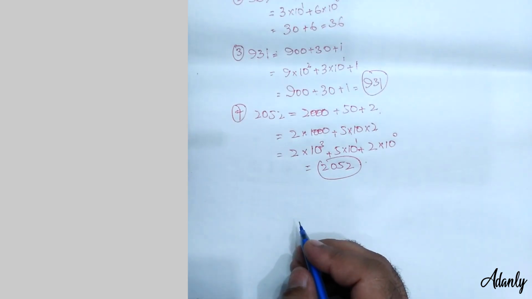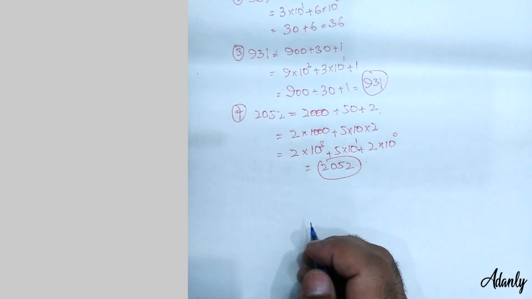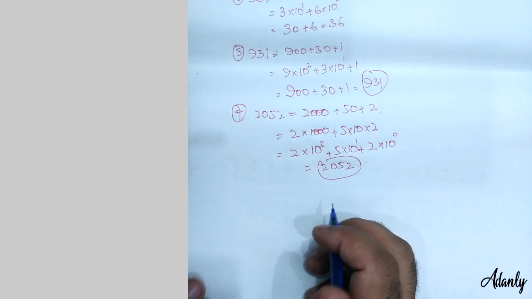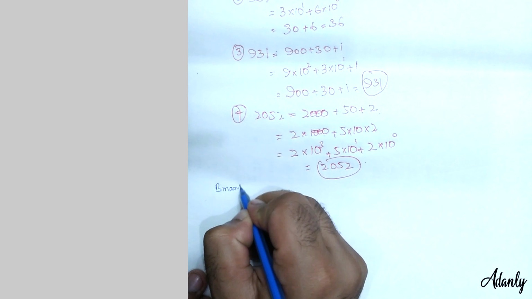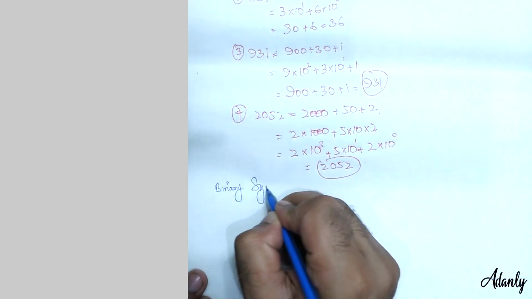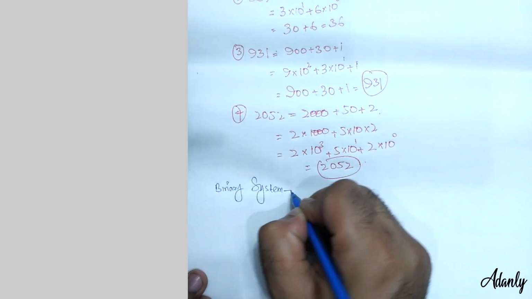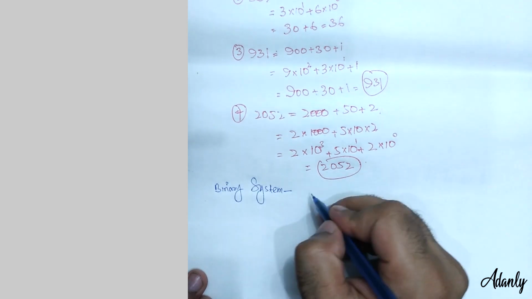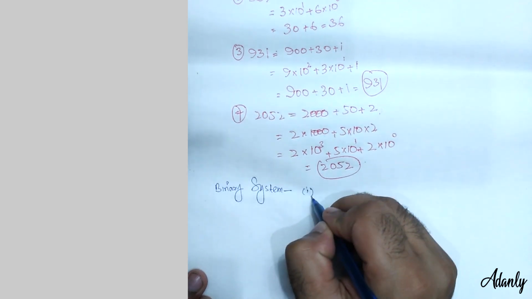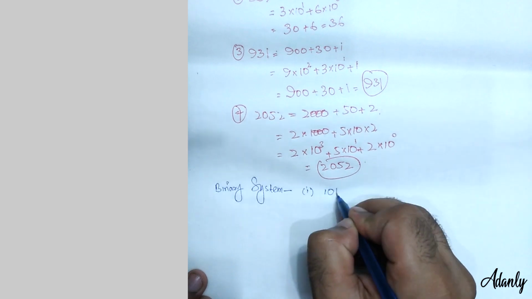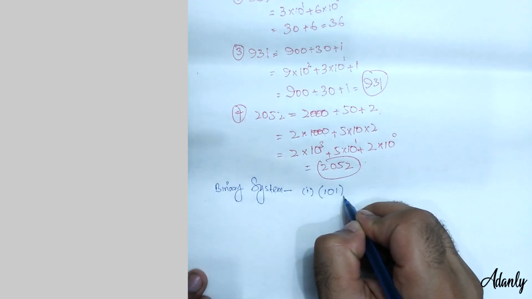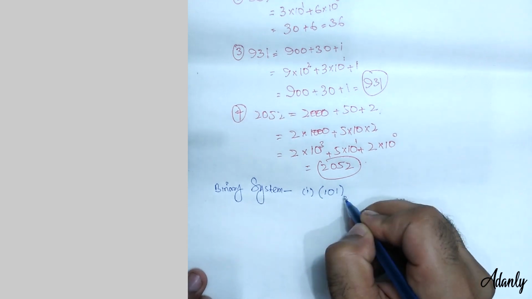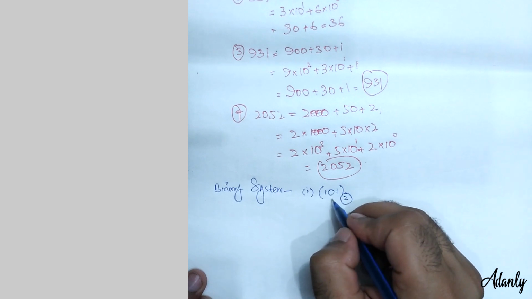Now let's see how we can write numbers in different number systems. In binary number system, we can write numbers as 1, 0, 1, and we will write 2 as the subscript. This 2 will indicate that this is binary system.